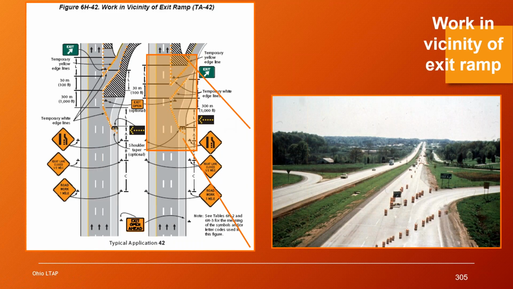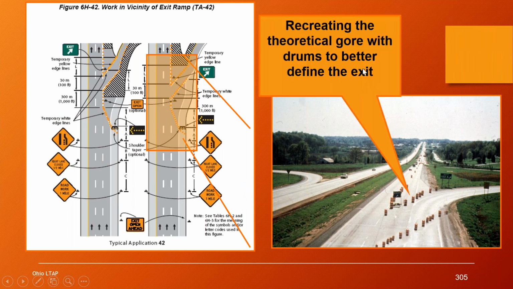And then of course we sometimes have to set up work zones near the interchanges, either before or after. So this one shows us an example of work in the vicinity of an exit ramp. This is typical application number 42. It shows us how we recreate the theoretical gore area with our drums right here, and how, because this exit ramp is open, we want to make sure we have our exit ramp open.